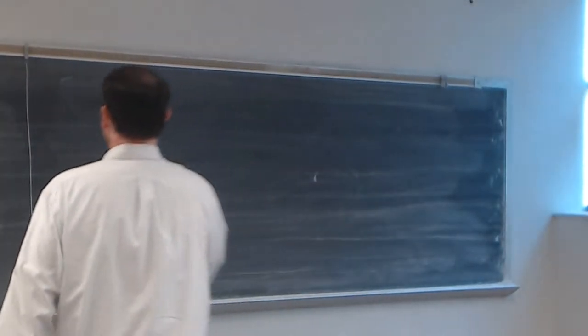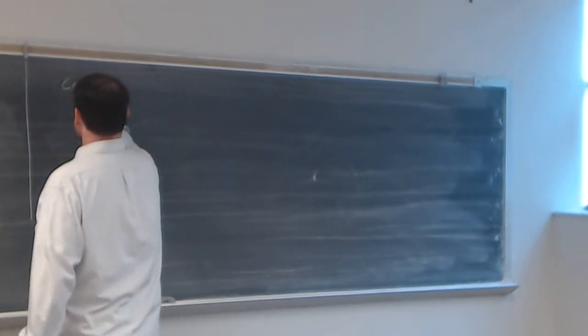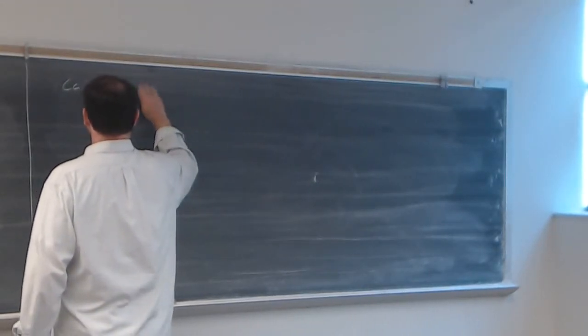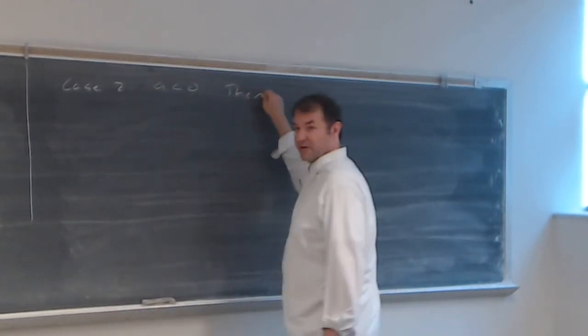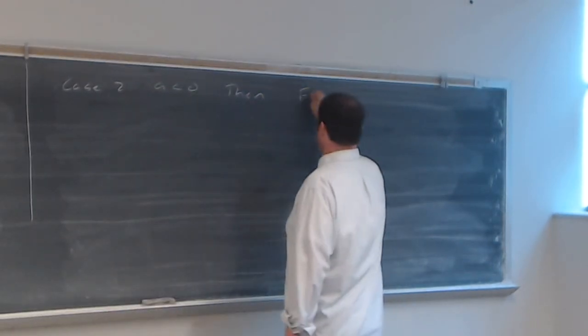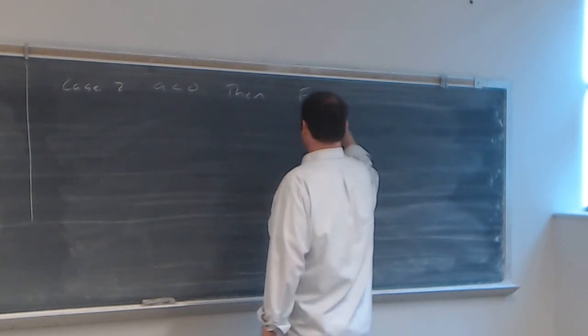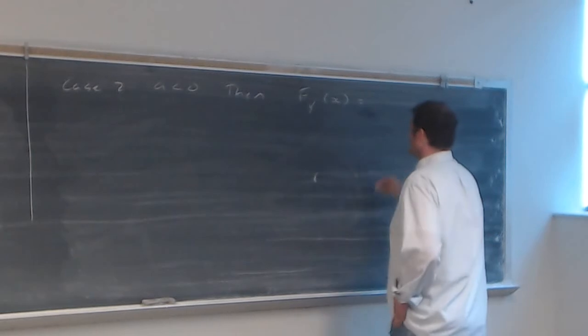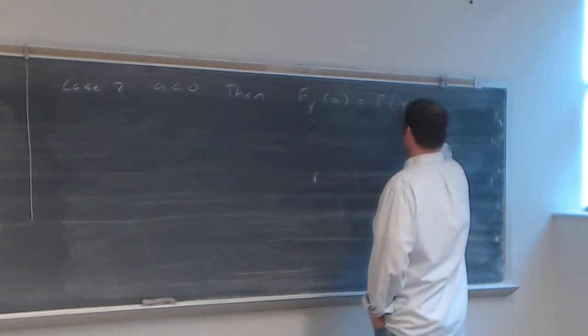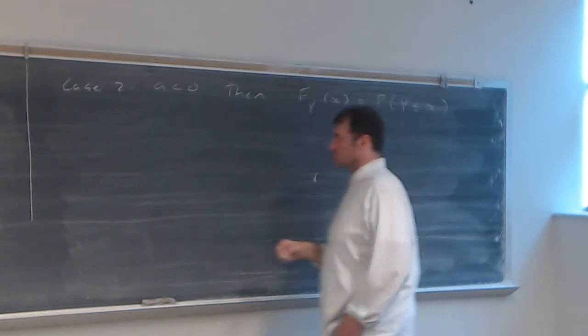The other case is where a is less than 0. In this case, it's very similar. So then the CDF of y, evaluated at x, is the probability that y is less than or equal to x.